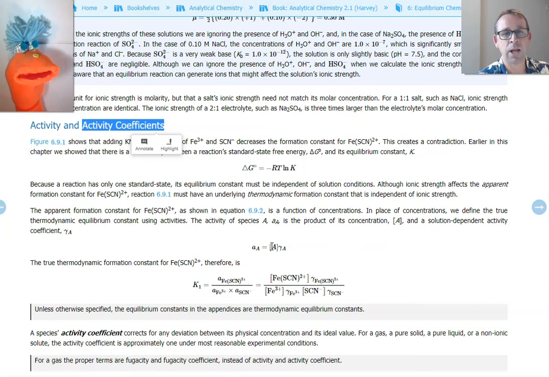If ionic strength is very low, then there's no problem in terms of forming multiple, what do we call them? Complex ions.